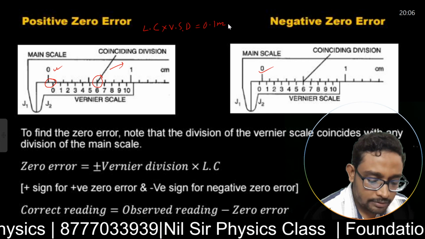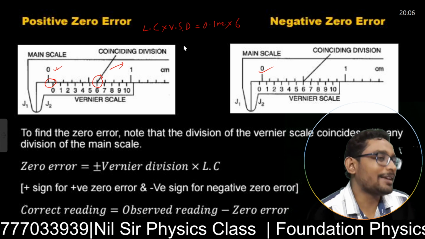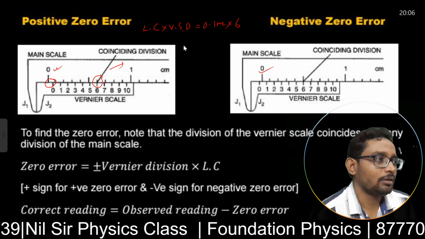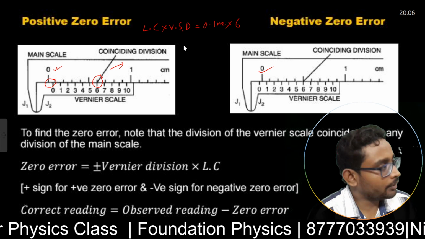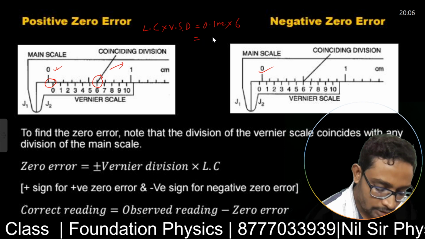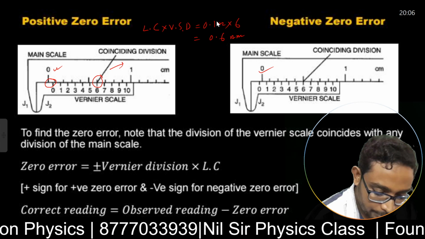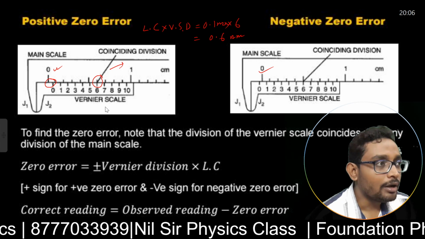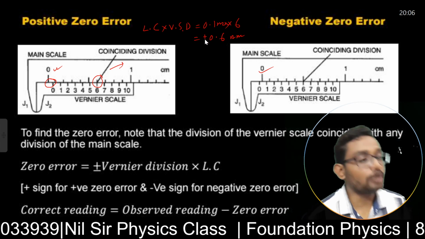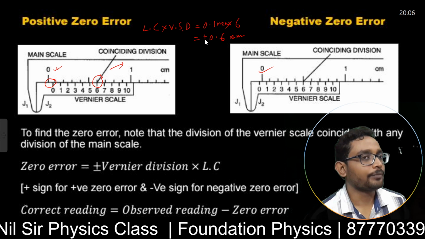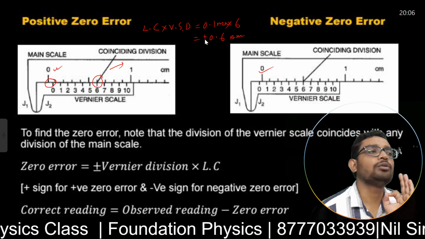Let us assume the least count is 0.1 millimeter, so 0.1 into 6. So this zero error equals 0.6 millimeter, and this is positive zero error. That's why we will take positive.